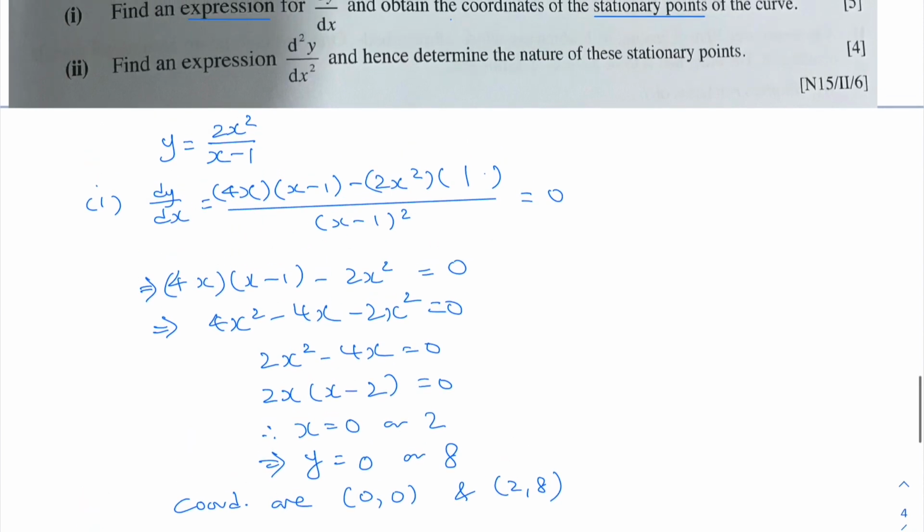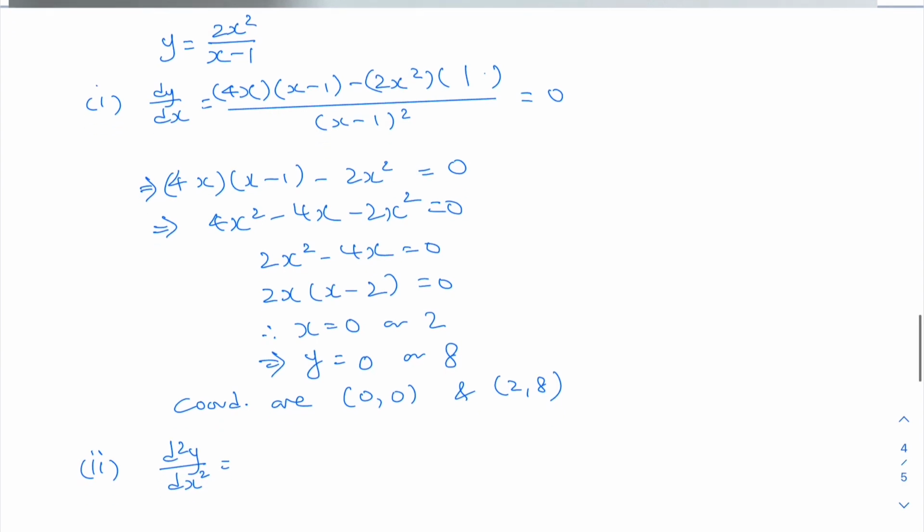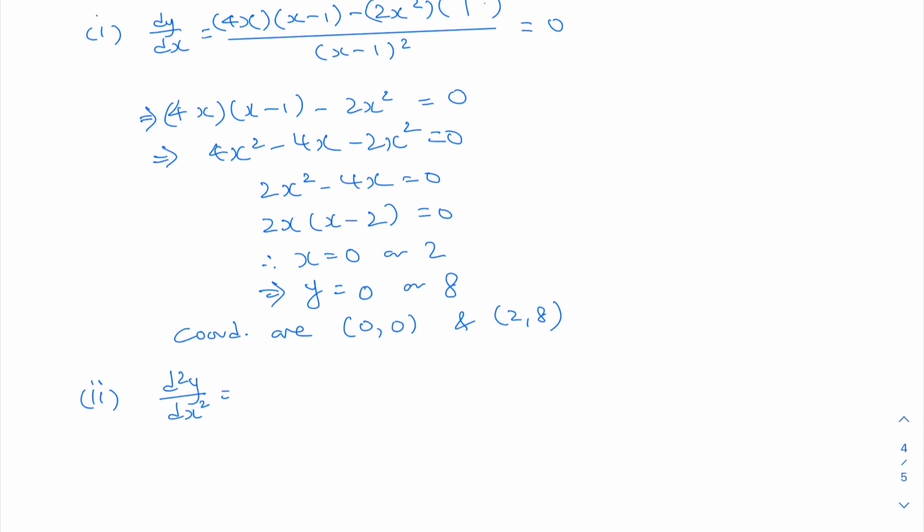Part 2. Find an expression for d2y/dx squared, hence determine the nature of the stationary points. So d2y/dx squared means you have to square it? No, this is not squaring. You're differentiating the first derivative.